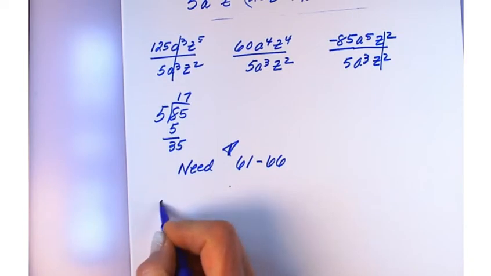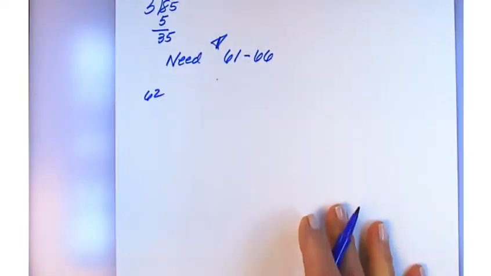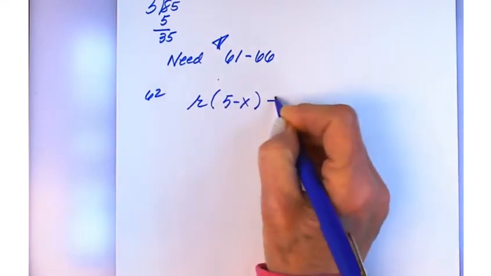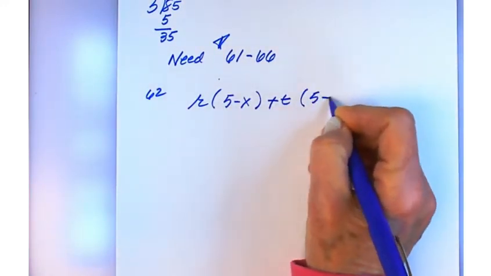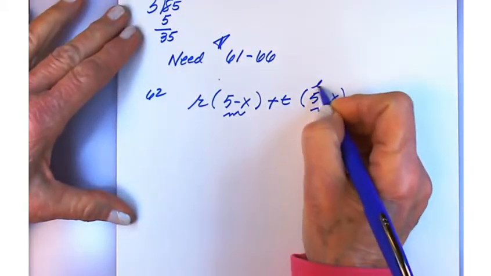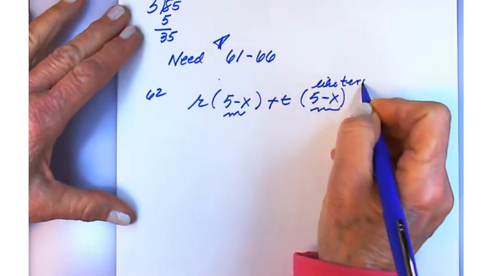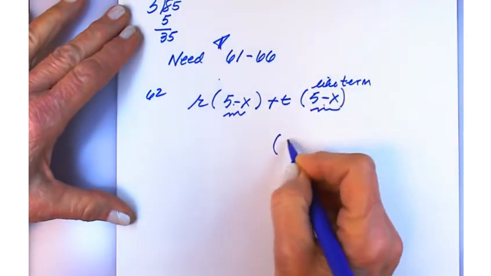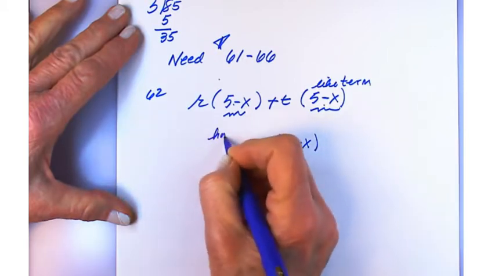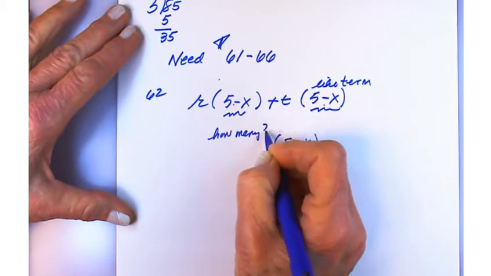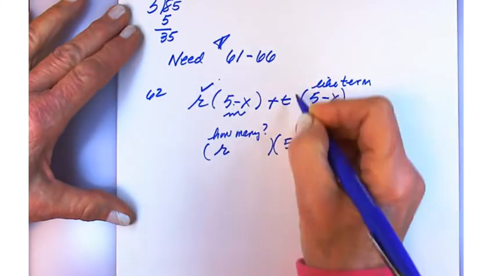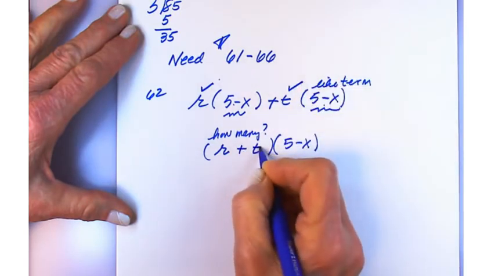So on 62, we have r left paren 5 minus x plus t left paren 5 minus x. So this is what I call the like term, because it's here and here. So I have 5 minus x. That's the like term. I want to know how many do I have. Well, here I have r of them, and here I have t of them.